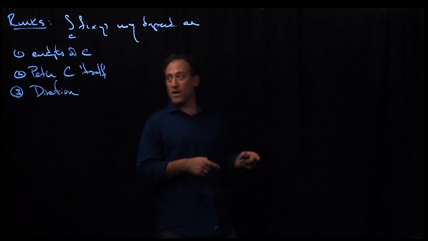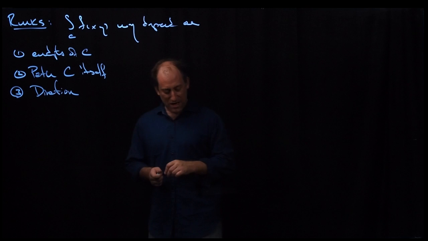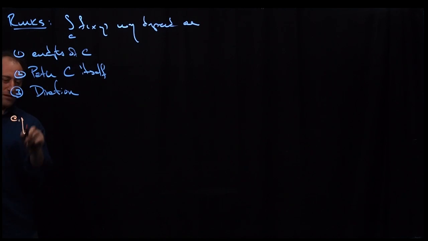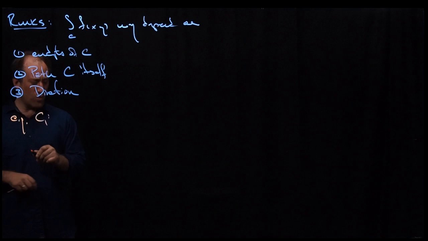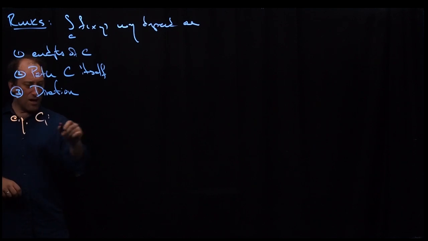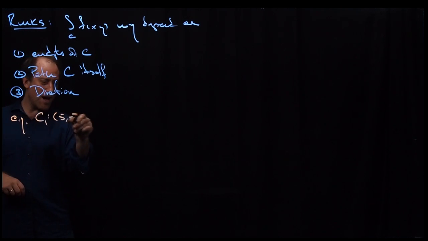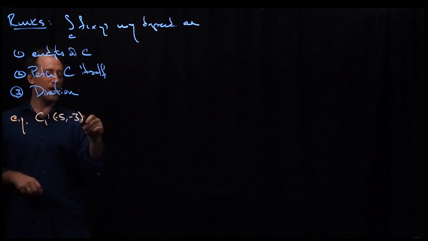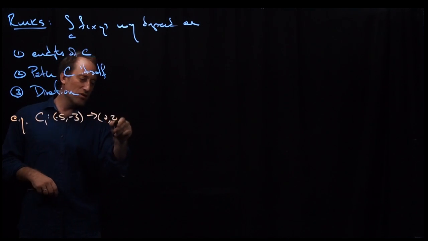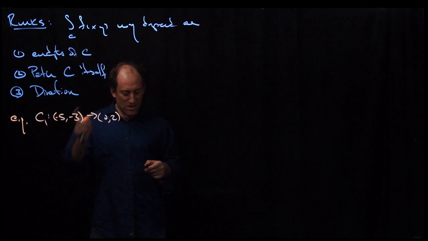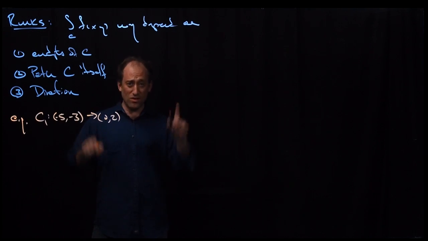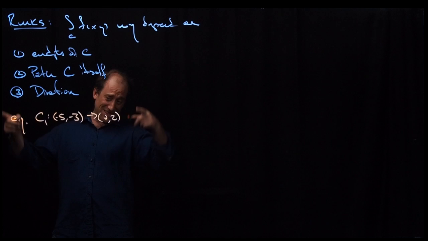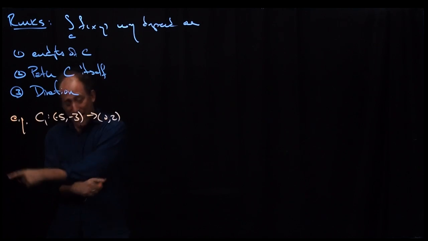So in the previous example, I had that C1 went from, say, (-5, -3) to the point (0, 2). Using conventional notation, how do I go backwards?